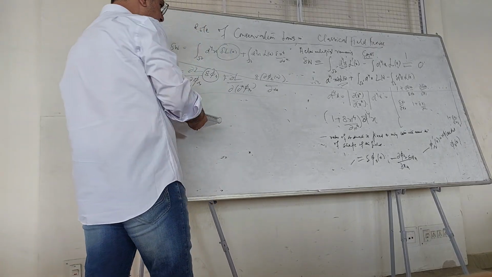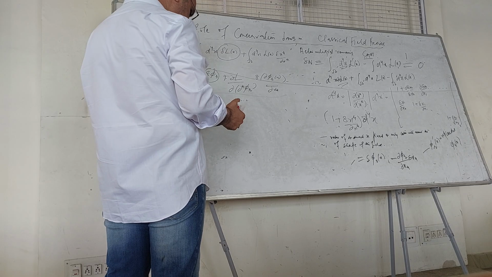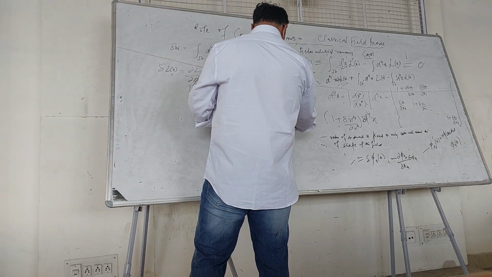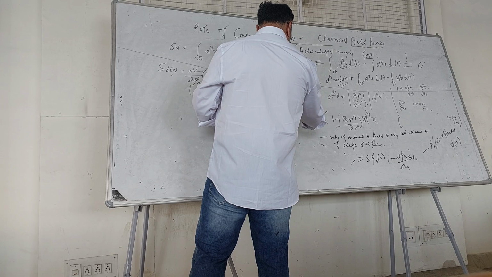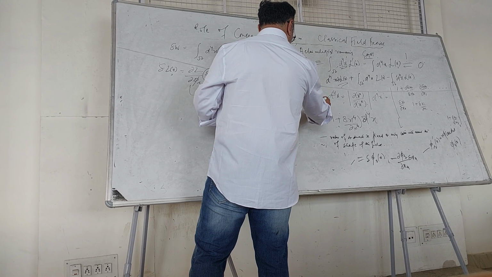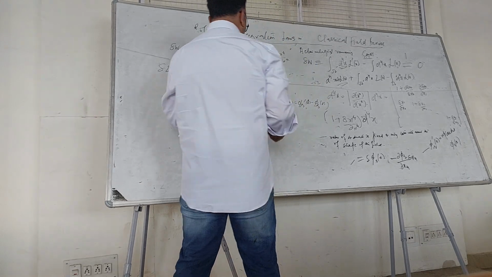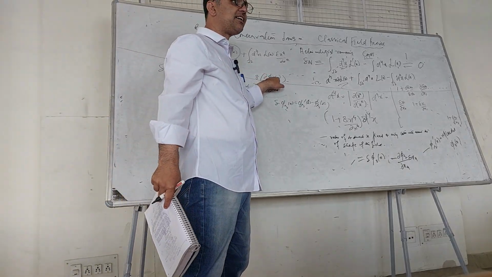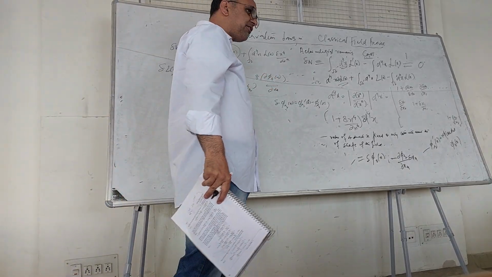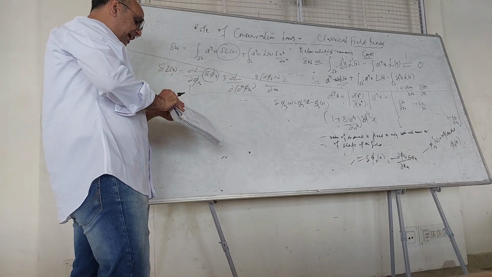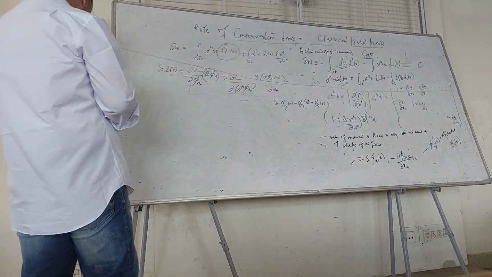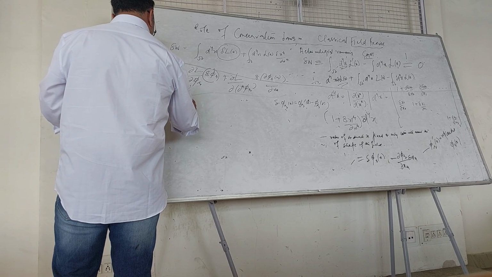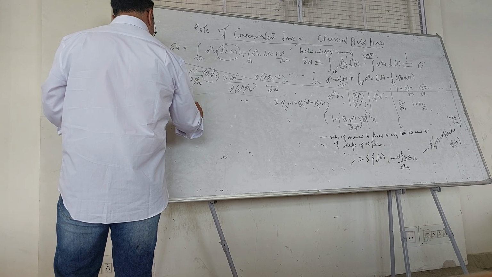Phi r को if you remember, हमने phi r को यहाँ पर लिखा था, delta phi r was phi r prime x minus phi r of x. Now you have to substitute phi r here, phi r here. Once you substitute these equations, you will get some more terms, and in the end, so I'll write it here. So it will take a couple of more terms, and it will take this form.